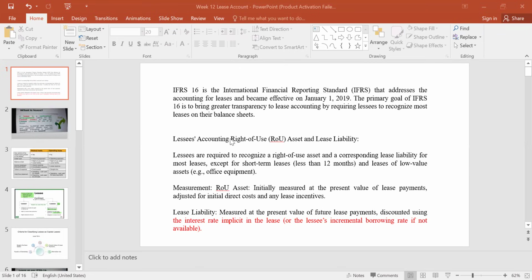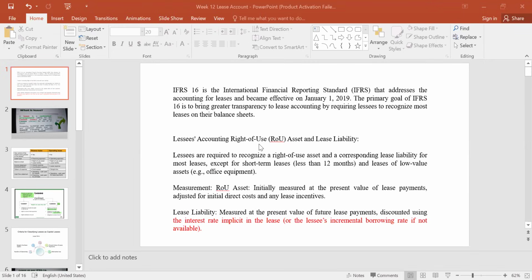There are two types of lease, finance lease and operating lease. We will discuss these gradually.